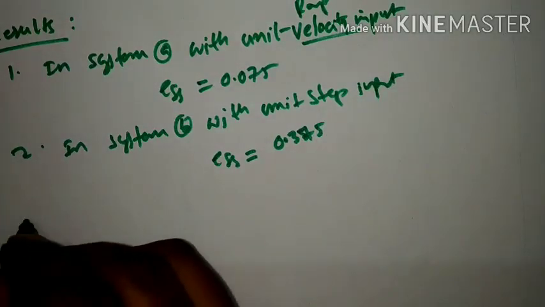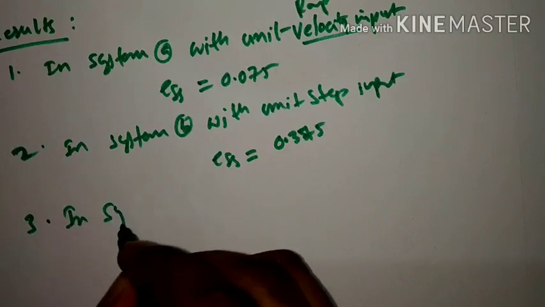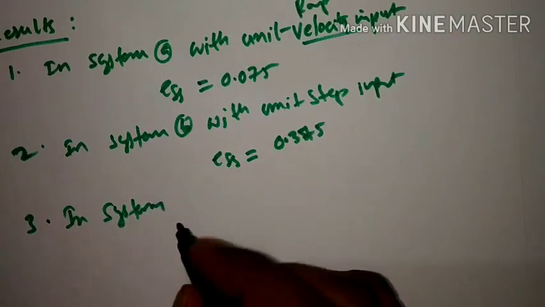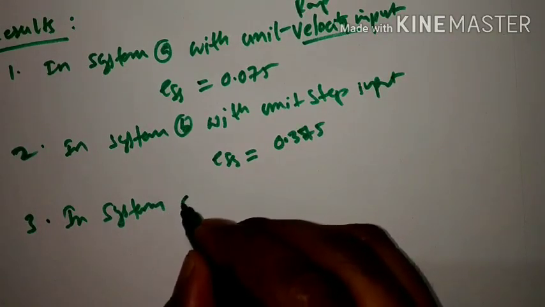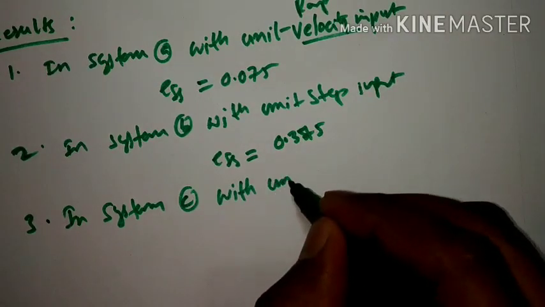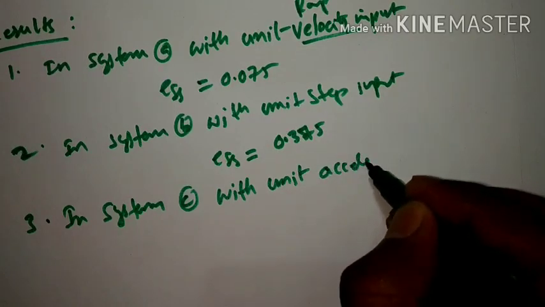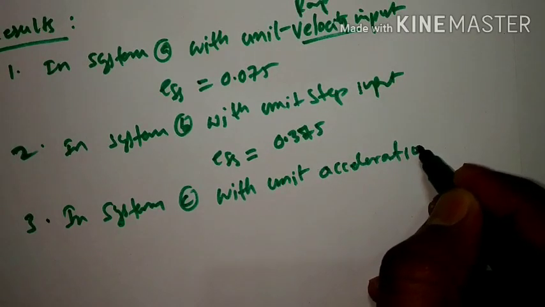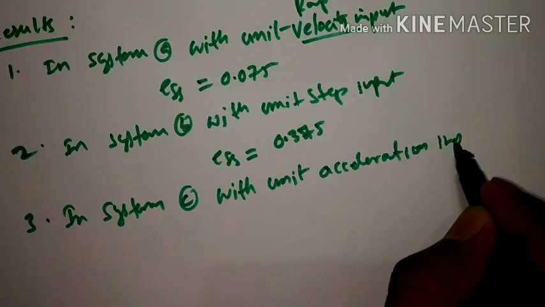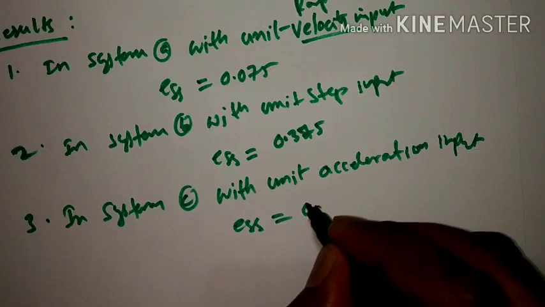Okay. Next, third, in system C, with the unit acceleration, the parabolic input, your steady state error is equal to 0.2.